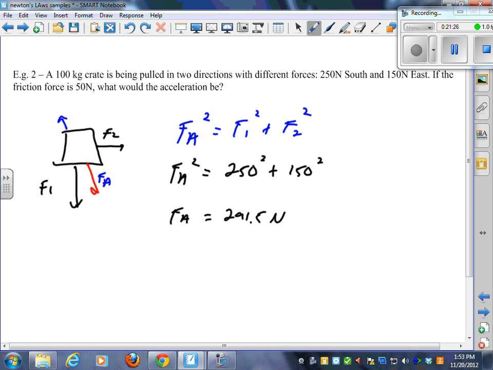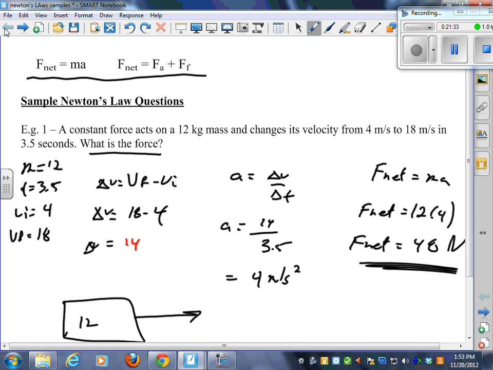My 291.5 is my applied force. Now I'm going to write net force is applied force. What was that formula at the start there? FA plus FF. Not exactly. F net means sum of all forces, and sum means add them together. But the friction force, Ben, is always negative, opposite the motion, which makes it negative.